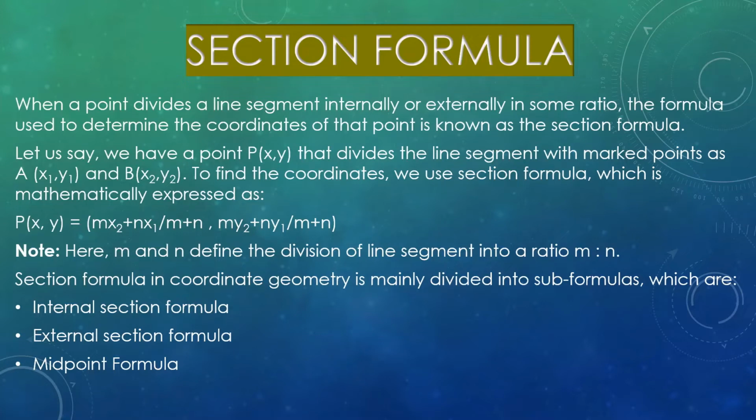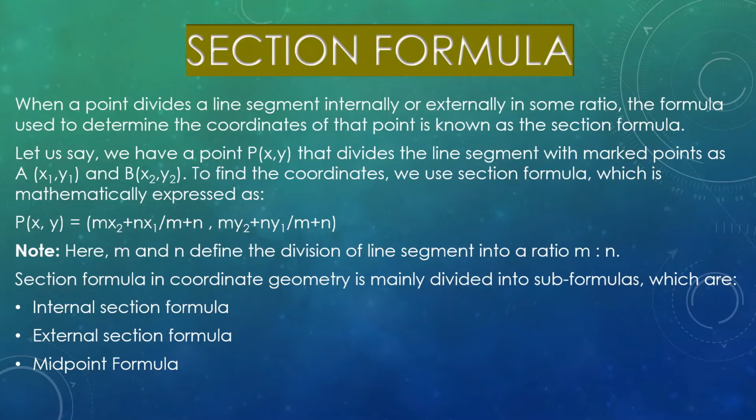To find the coordinates, we use section formula, which is mathematically expressed as P(x, y) equals (mx2 plus nx1) upon (m plus n), comma (my2 plus ny1) upon (m plus n).